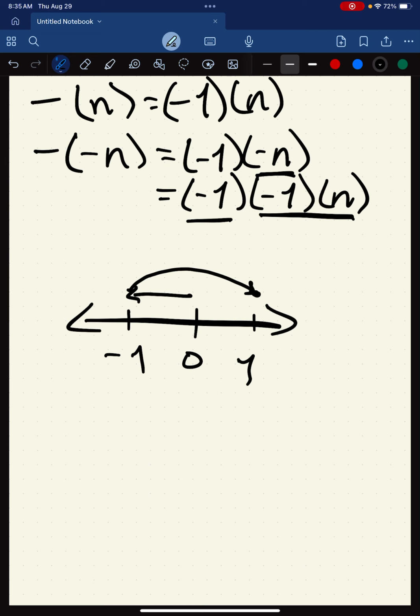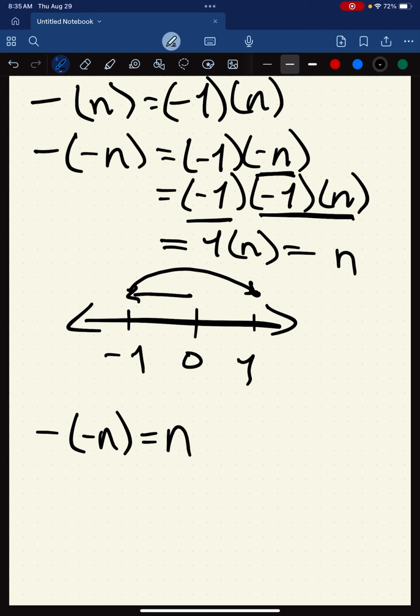So negative 1 times negative 1 is just 1, and 1 times anything is just itself. So what we've just proven is that a negative of a negative, whenever it's multiplied, is the same thing as doing nothing. We go negative, and then we do the opposite of that. The opposite of the opposite is really just the same thing, is all we're saying.